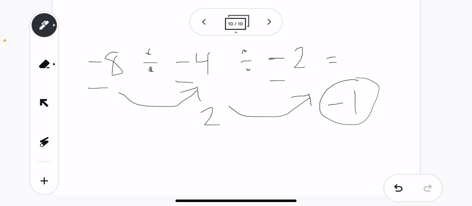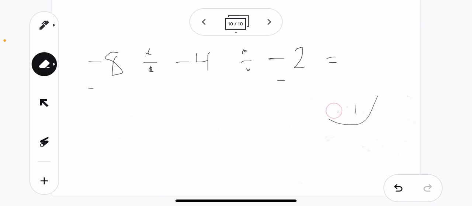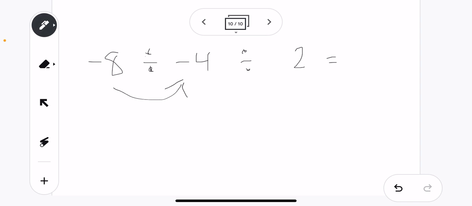But let's use the same question, but you divide this by positive 2. Well, this is going to stay the same. It's going to be 2. But 2 divided by positive 2, well, those aren't even negative numbers at this point. So this is just going to be positive 1.